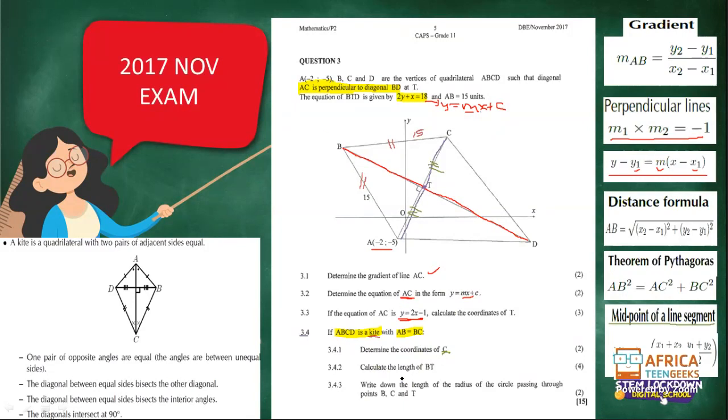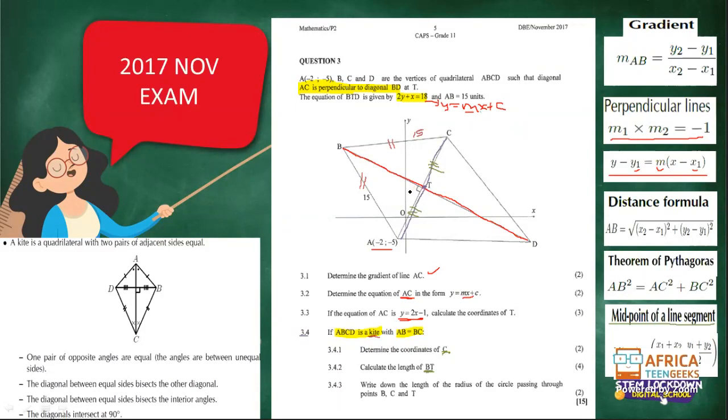And then if you look at the case of calculating the length of BT, BT is from here to there, and you have a right angle triangle.